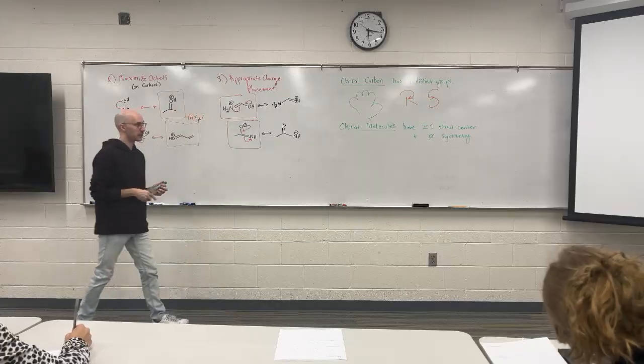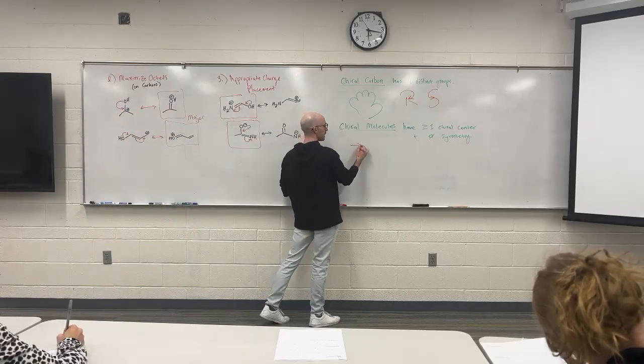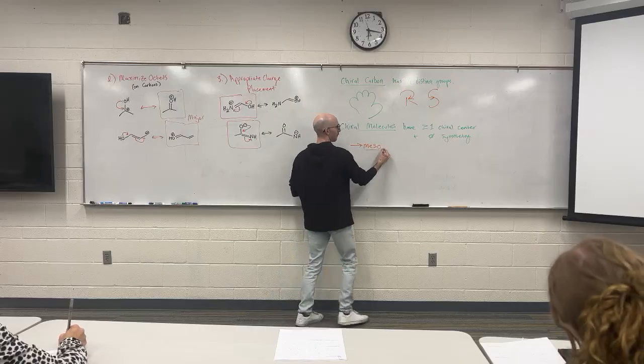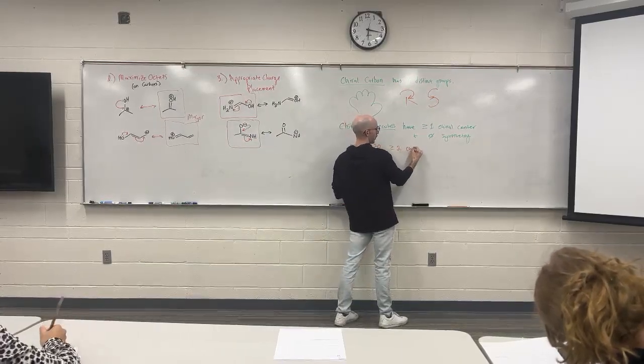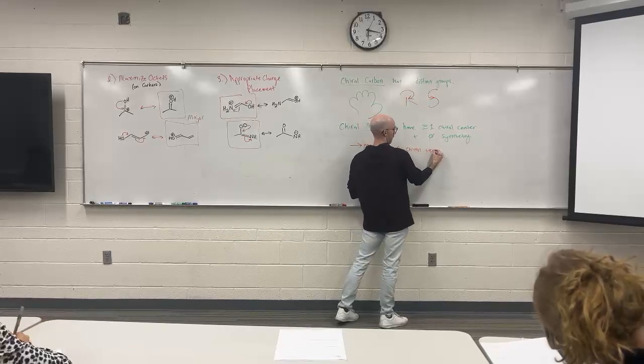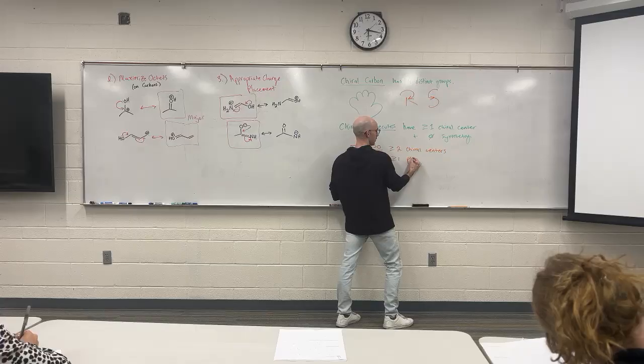There are some other descriptors that go along with chirality. Meso describes a compound that has 2 or more chiral centers and at least 1 plane of symmetry.